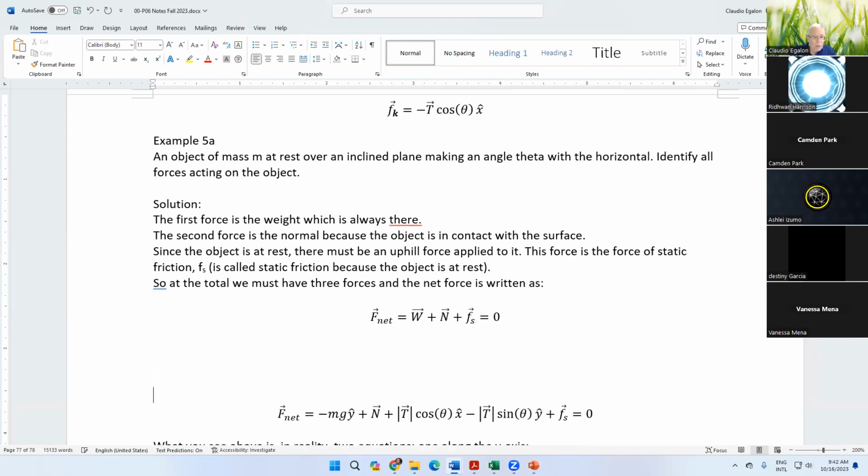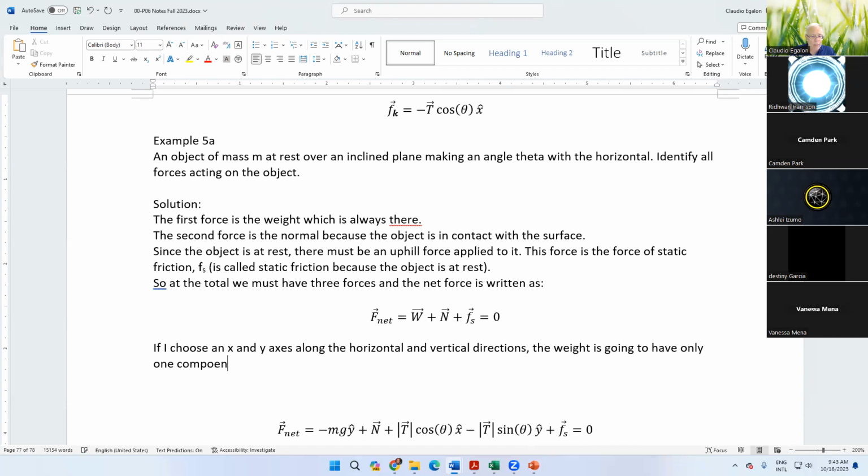Okay, if I choose an x and y axis along the horizontal and vertical directions, the weight is going to have only one component, right?